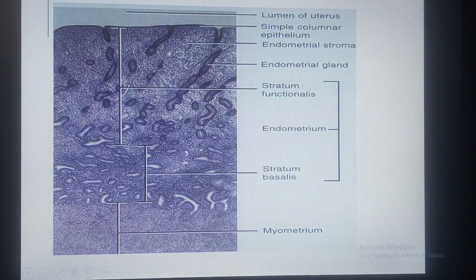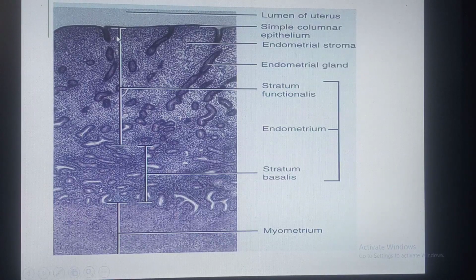Now, when we look at the uterus, I'm going to show you the epithelial lining, but for now, you should know that the epithelial lining is simple columnar epithelial tissue with glands. So those are the endometrial glands within the endometrium.